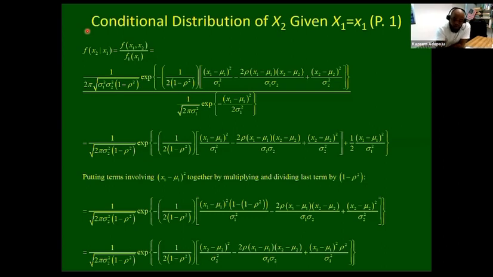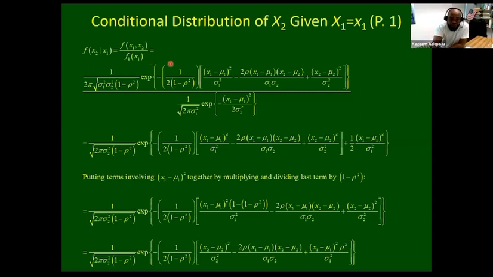We want to figure out the probability of the survival time, maybe greater than 5 years, given that I already know the survival time for the other group. That's a conditional function that I need here.